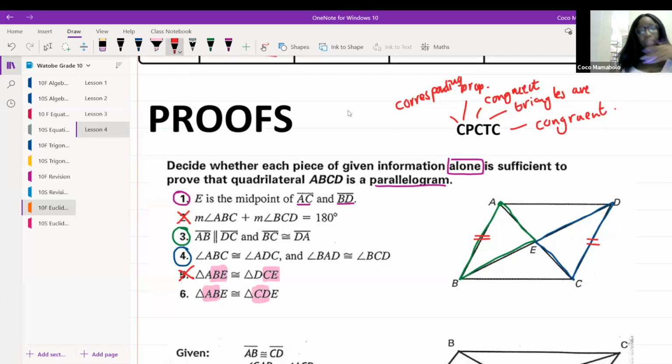In agreement? Yes, ma'am. Okay. Now, BE: which side must BE be equal to according to the other triangle? DE. Yes, it must be equal to DE, because I've colored the last two. These last two must also be equal, so this is telling me that BE must be equal to DE. Right? You're with me.